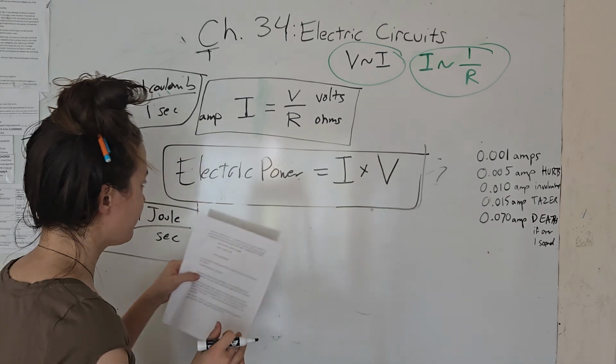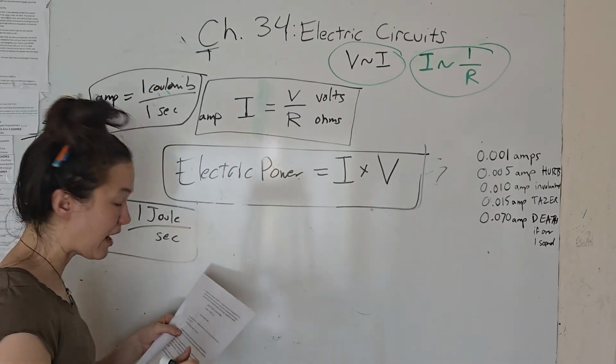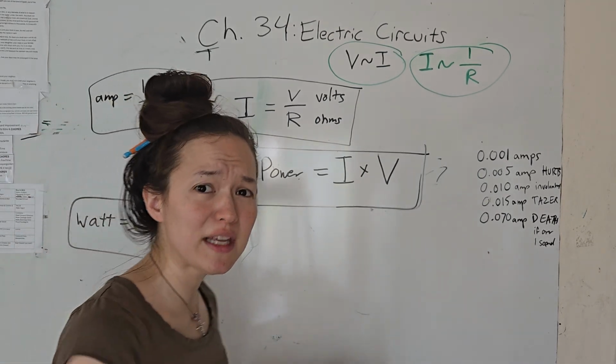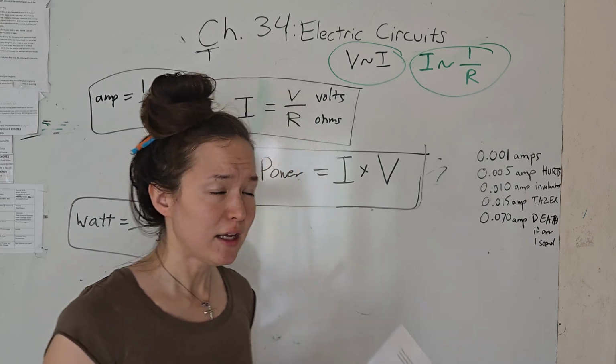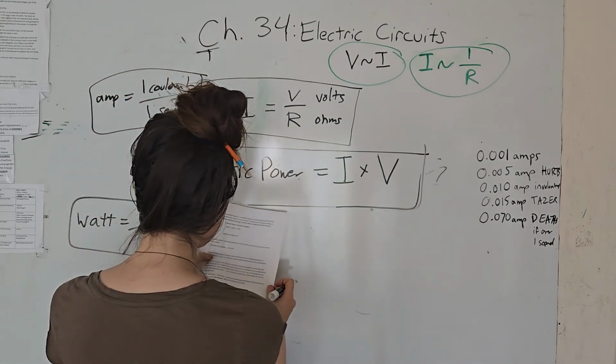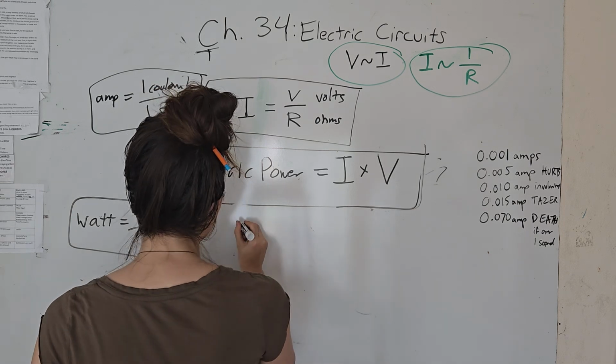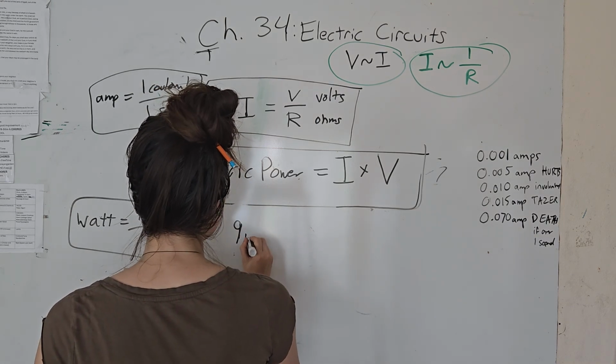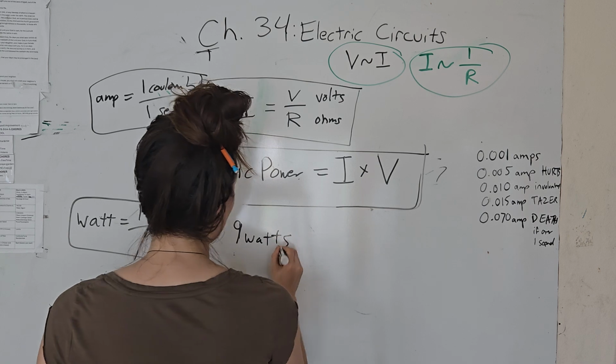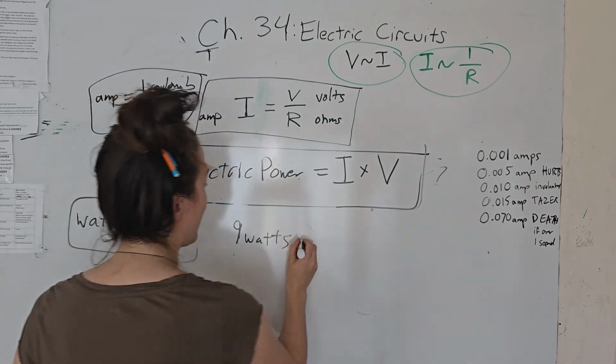Okay, so we're going to calculate money. The other thing is money. People say, don't leave the lights on, don't leave the lights on. Well, lights don't use very much, especially if you have LED lights. Suppose I've got a super bright LED light that's only using 9 watts of power, okay? And I leave it on for 24 hours.